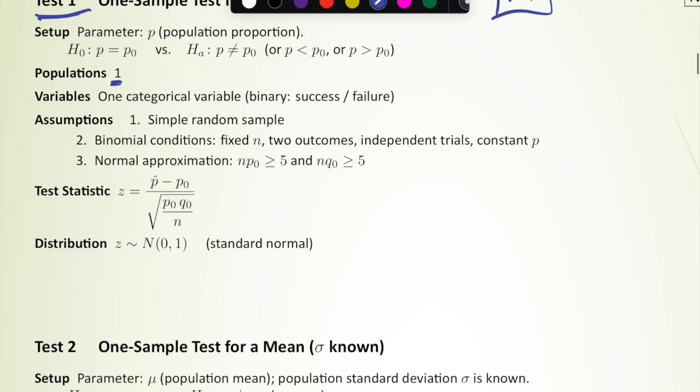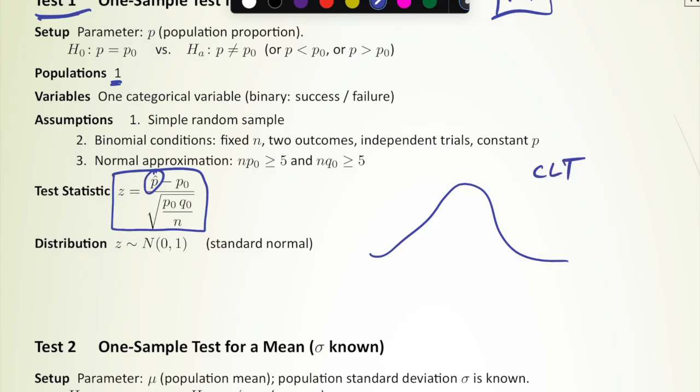Now, what's the test statistic for test 1? It's this right here. Where did it come from? You take your data and you put it on the distribution that we get from the CLT, the central limit theorem, and you find the probability of getting data as extreme or more extreme. This test statistic is just a z-score.